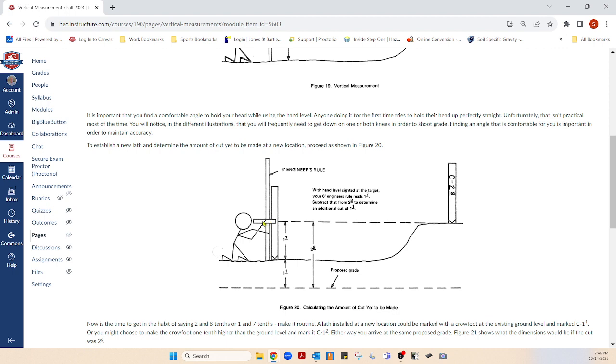He can put his grade mark because we just pulled it over. But what do we have to do? We have to go down 2.8 from here. So right now, he's down 1.7, and you take 2.8 where he needs to be, minus that is 1.1. So what would he put on the grade stake to get him to reading the same here?